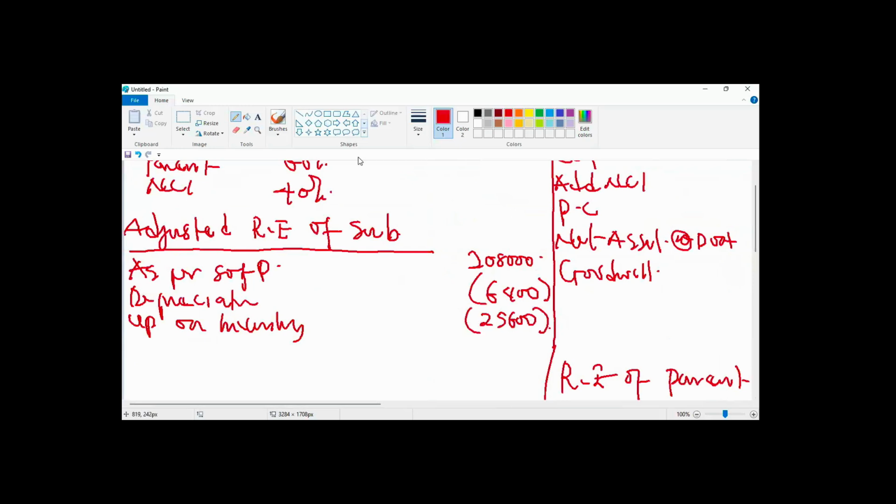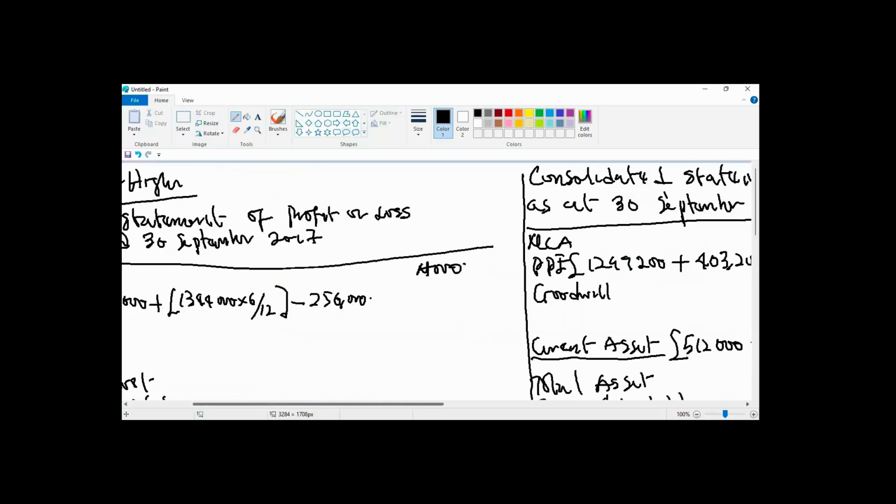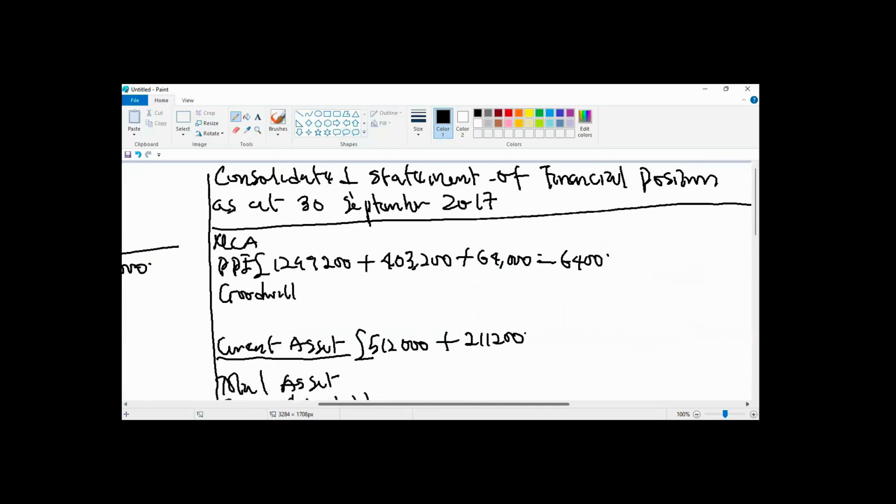Then I will now go to the consolidated inventory in the statement of financial position and credit it. Inventory, current assets minus 25,600.